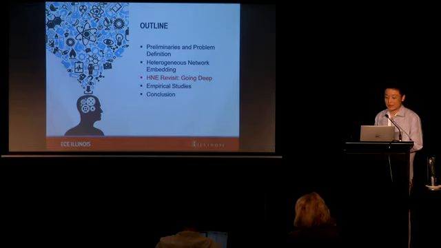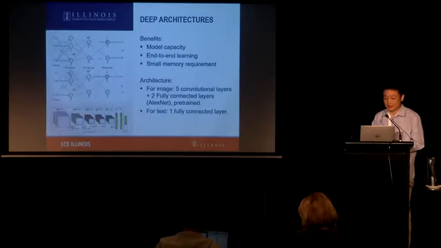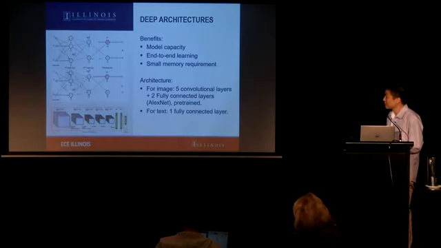However, we cannot just use this raw data such as pixels or content. But here we choose to use deep learning combined with this embedding learning because of three benefits provided by deep learning methods. The first one is that deep learning provides model capacity.